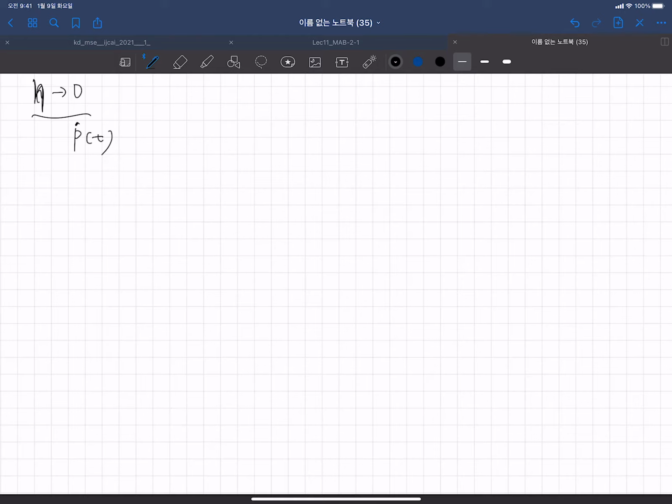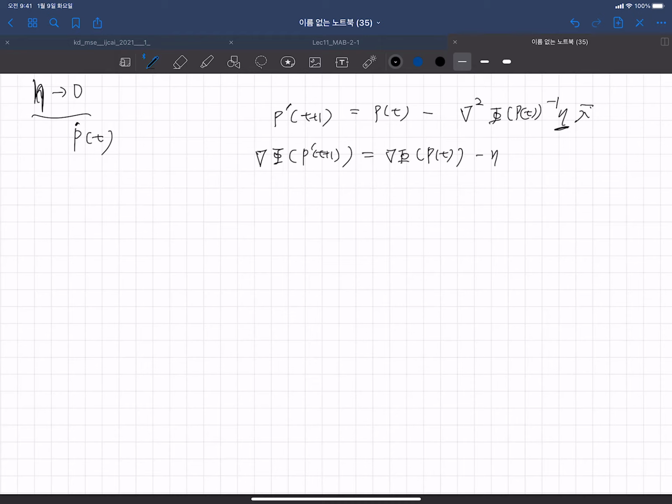Okay, so from the mirror descent update rule, we know that p prime t plus 1 is equal to pt minus Hessian Psi pt inverse eta x bar when eta is close to 0. Why? From the update rule, we know that the gradient of Psi at p prime t plus 1 is equal to the gradient of the Psi function at pt minus eta x bar.